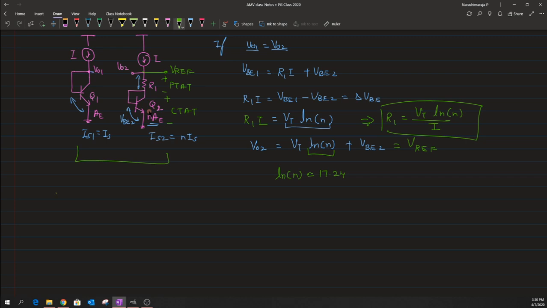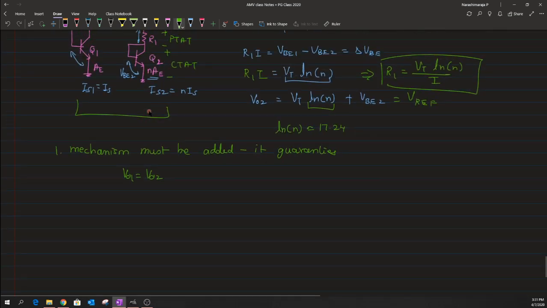One is a mechanism has to be added such that it guarantees that our VO1 is exactly equal to VO2. Okay. So until otherwise this is not guaranteed, whatever the derivation that we did, all these will go in vain.